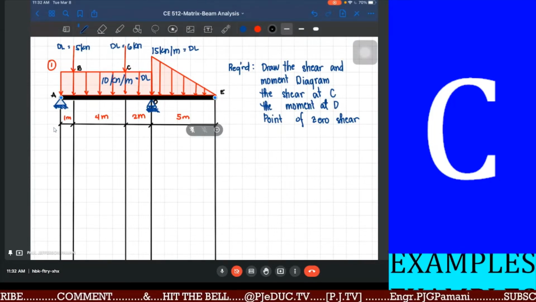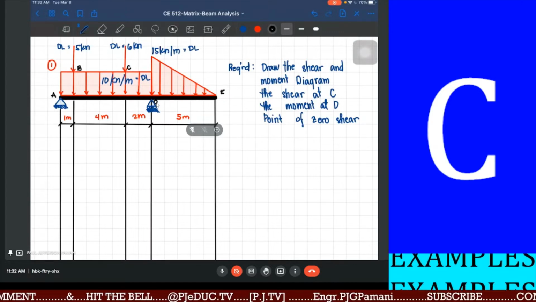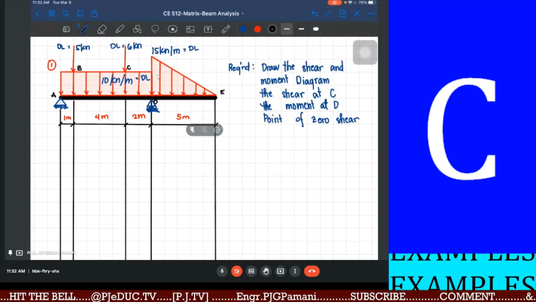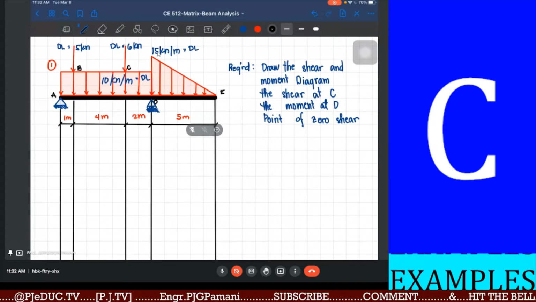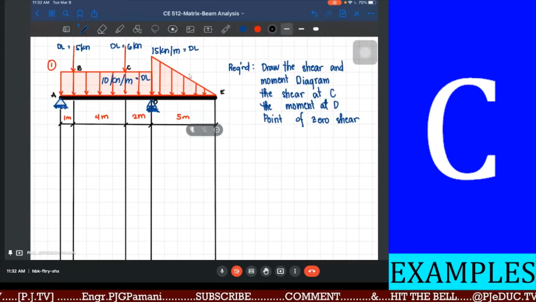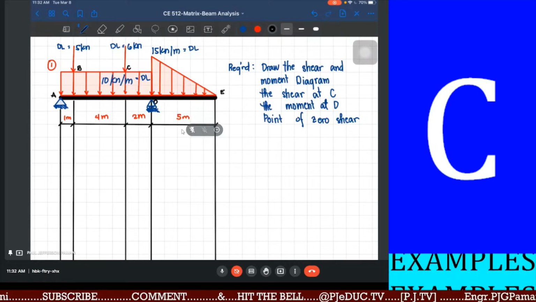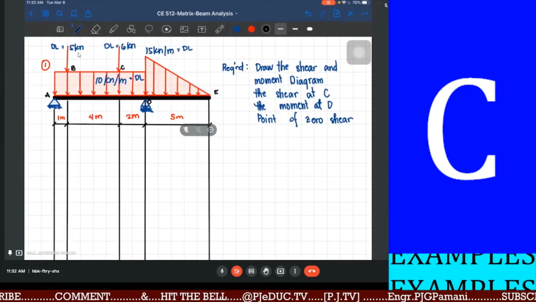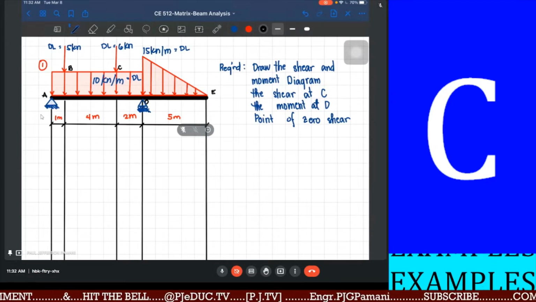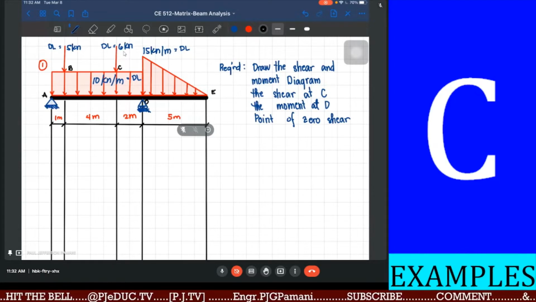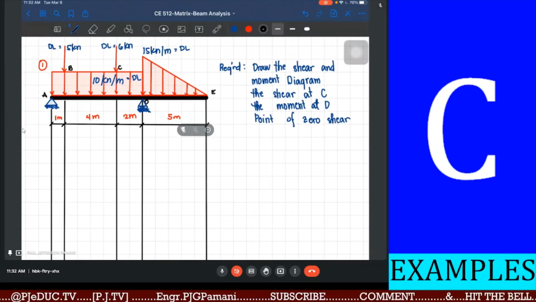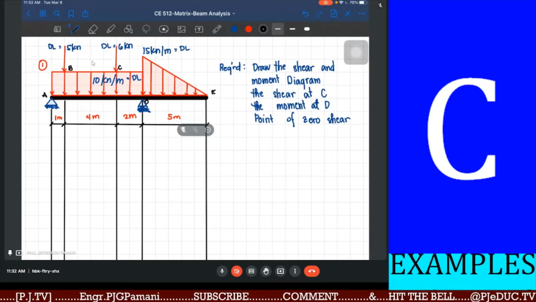Hinge support at point A and a roller support at point D, and a varying load starting from 15 kilonewton per meter to 0 from point D to point E, 5 meters in span. Then another dead load of 5 kilonewton 1 meter from point A and a 6 kilonewton dead load 5 meters from point A as shown here.